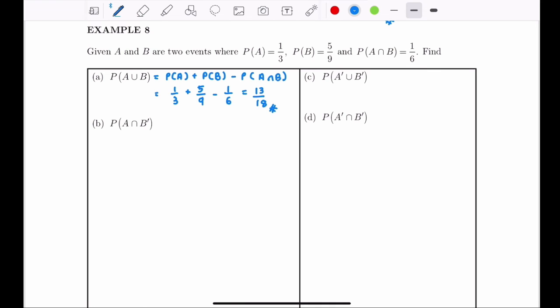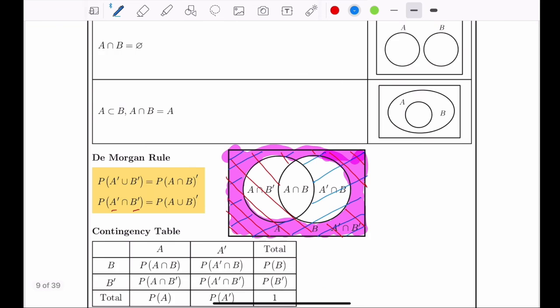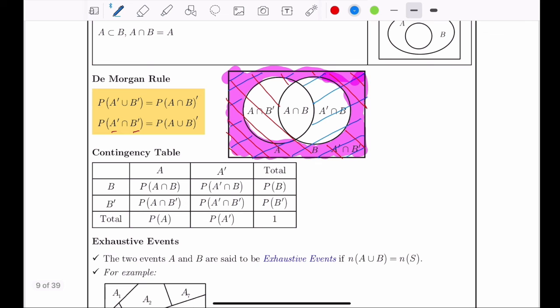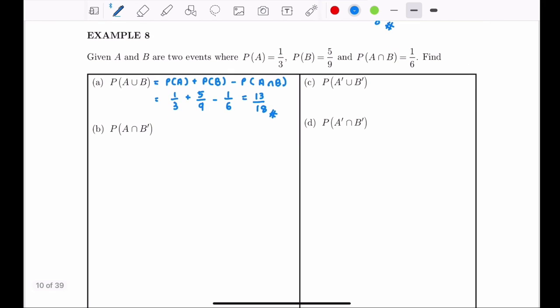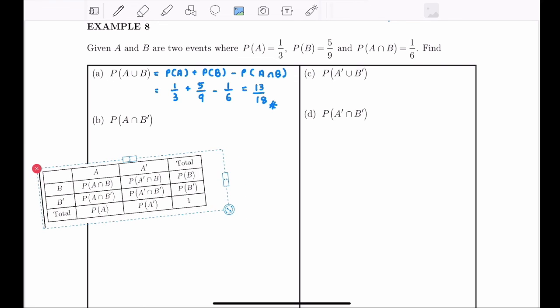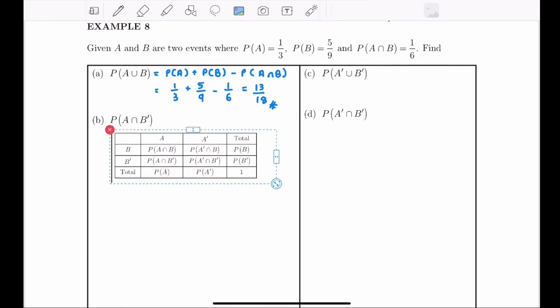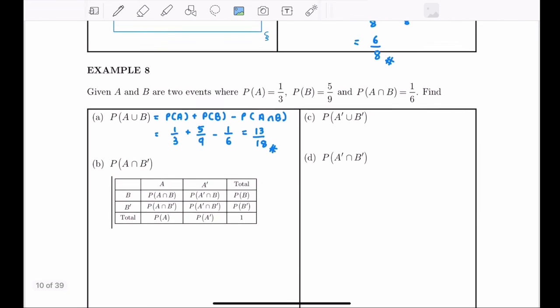So next, we have to find the probability of A intersect B prime. So what is probability of A intersect B prime? It's either you use the Venn diagram to find probability of A intersect B prime, or you can just refer to the contingency table. So according to the contingency table, probability of A intersect B prime is here.